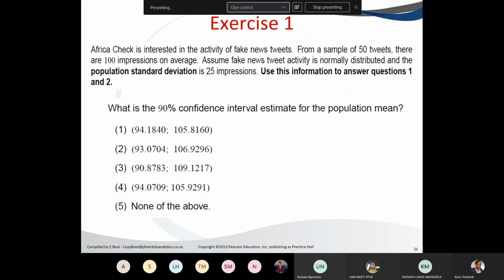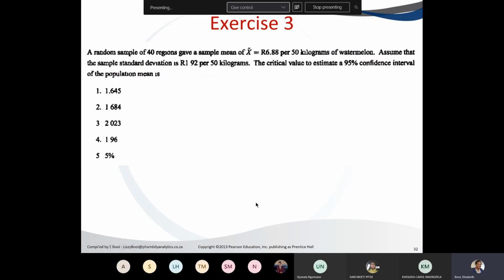With that, there is your exercise. Nope, not that. This is your exercise. A random sample of 40 regions, which means our n is 40, gave a sample mean of x bar equals 6.88 per kilogram.